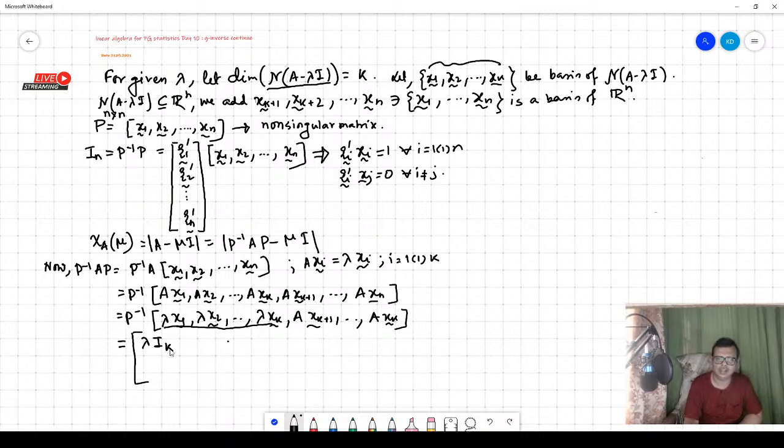Okay, so I write lambda I_k simply using this portion. Now the remaining portion is xi1 prime A xk+1, xi1 prime A xn, and so on, and I denote this by matrix C of order k cross n minus k.